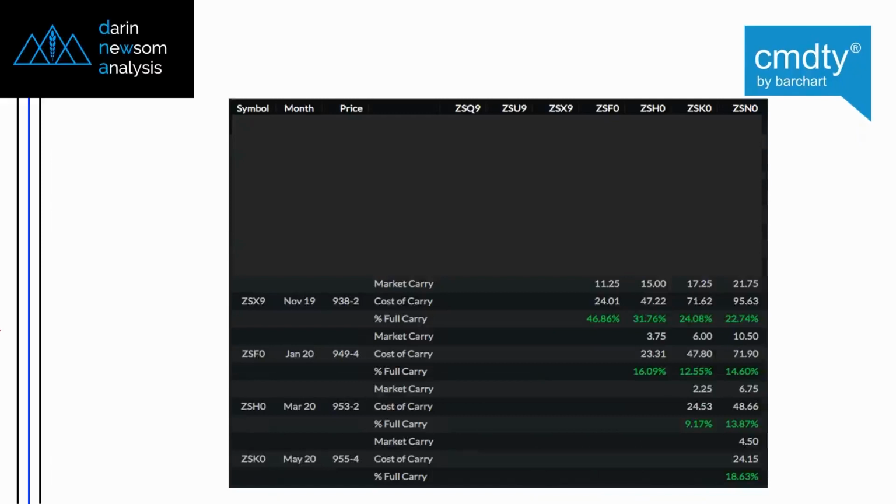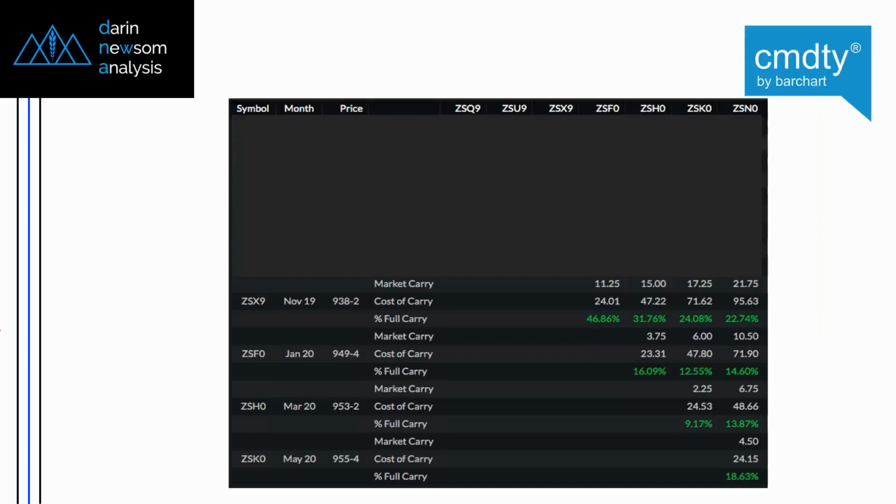And again, I talk a lot about carry, and I talk a lot about forward curves and so on, but what I want to look at is, what does it mean? So as I look here at the Nov to Jan, this shows, I guess it was an 11.25 cent carry. Nov to July, yeah, 21 3/4 cents.